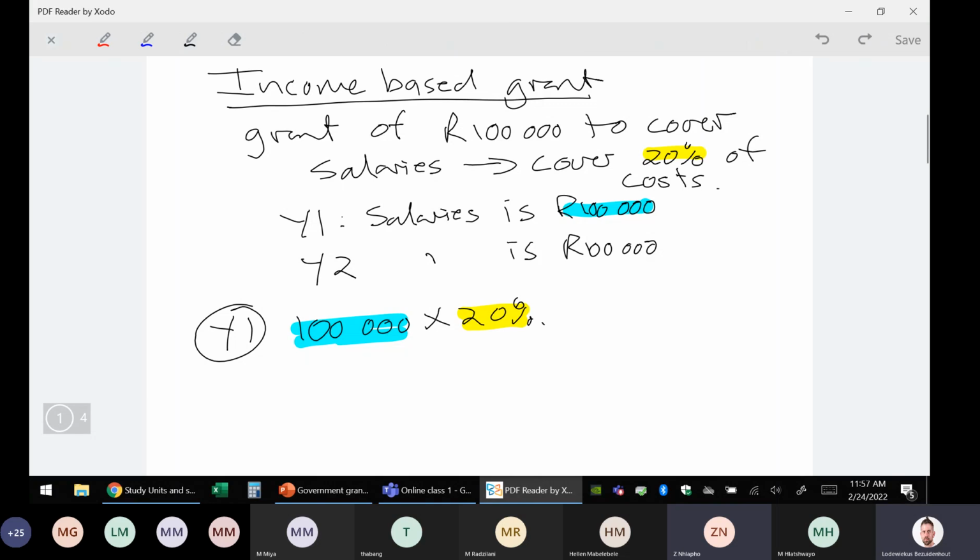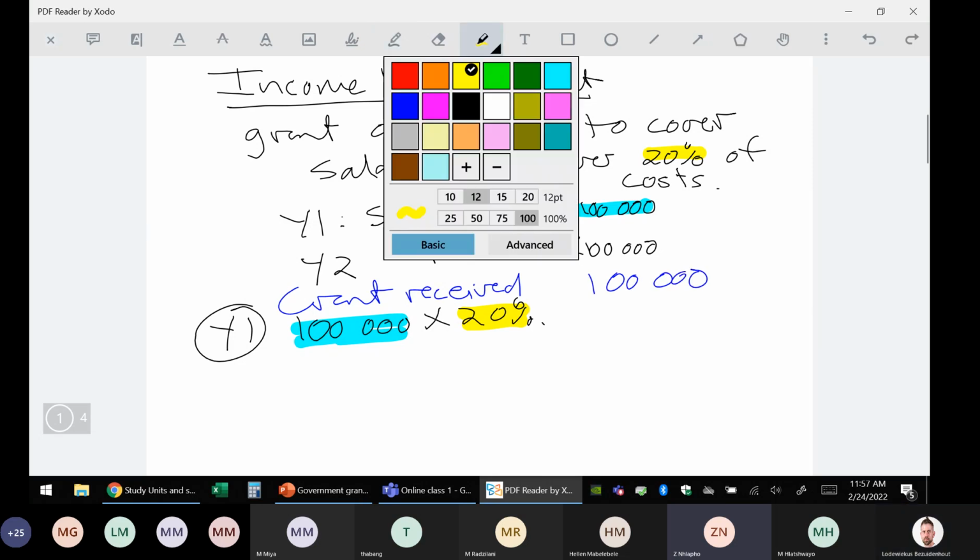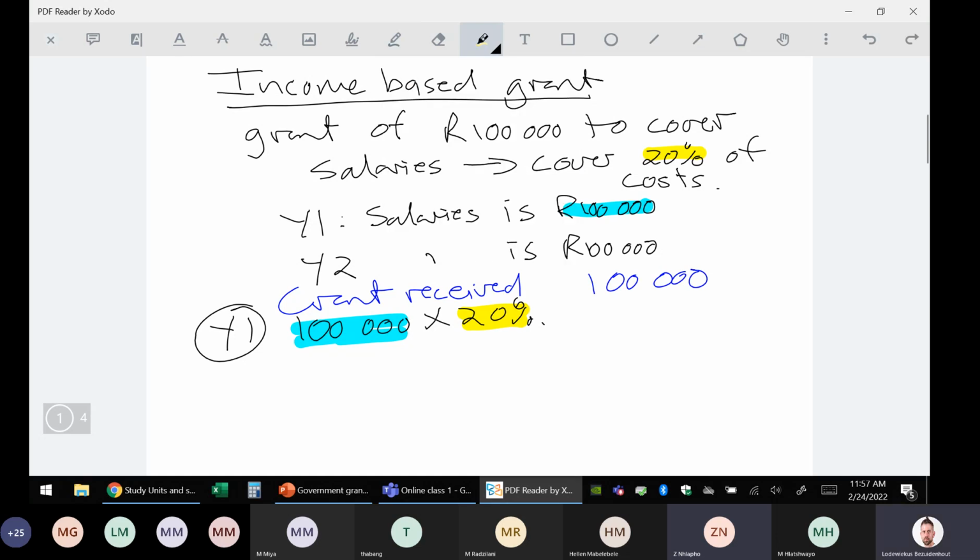So our grant that we received was 100,000. And that is our opening balance on our deferred grant account. So in year one, we will recognize 20% of 100,000. So 20,000 will be gone.